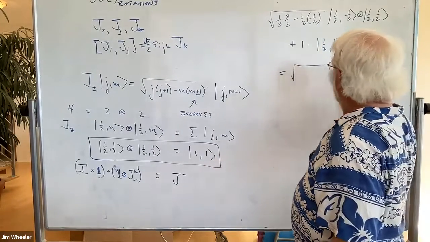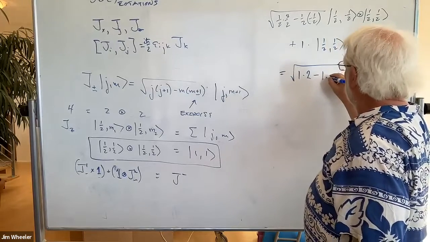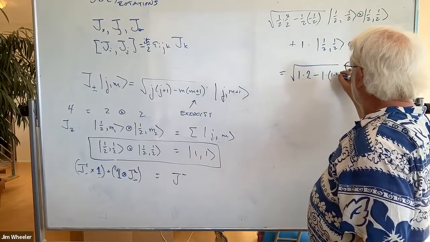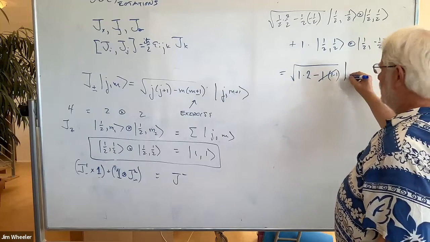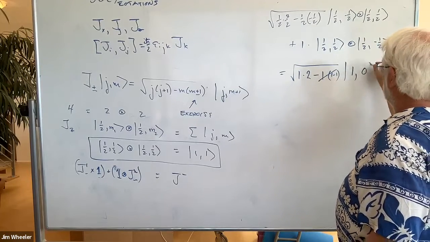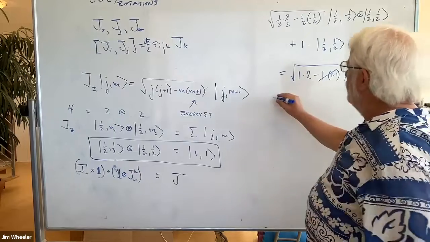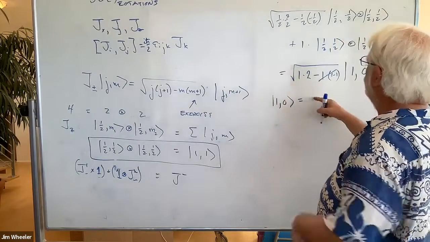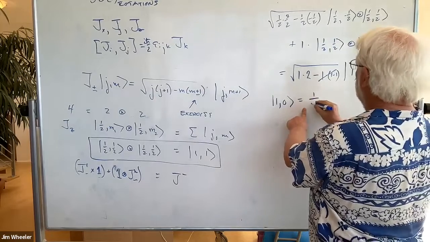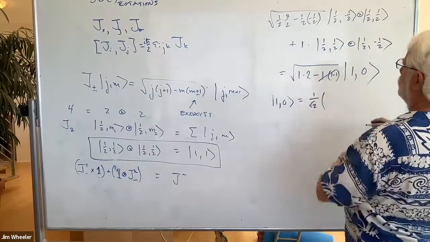So I'm going to get 1 times 1 plus 1 is 2 minus 1 times 1 minus 1 is 0. So that goes away. So the square root of 2 times 1, 0. So my 1, 0 state is equal to 1 over the square root of 2 times the sum of these two.